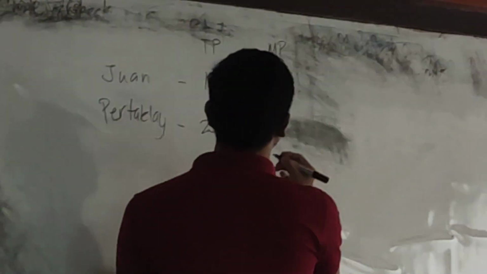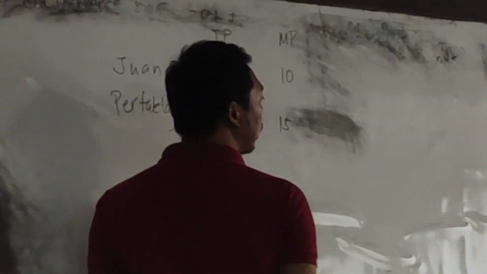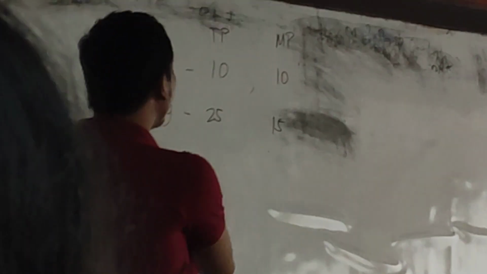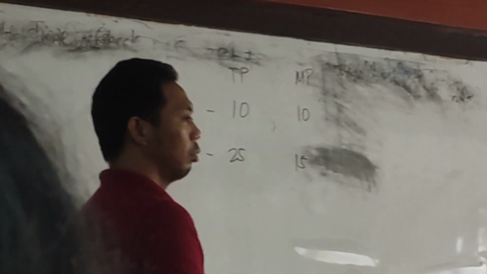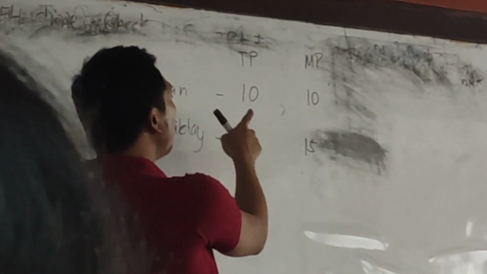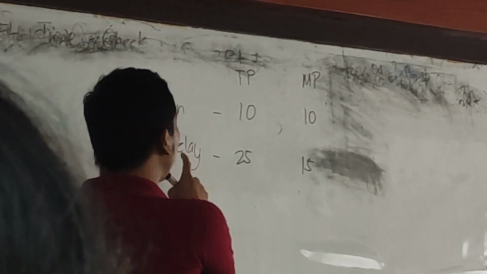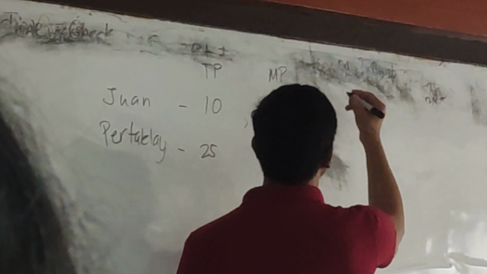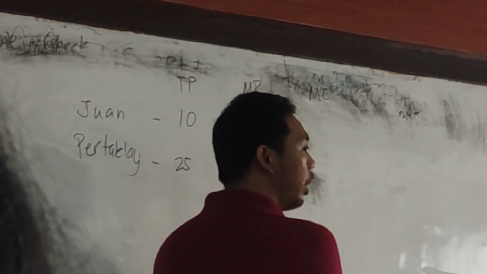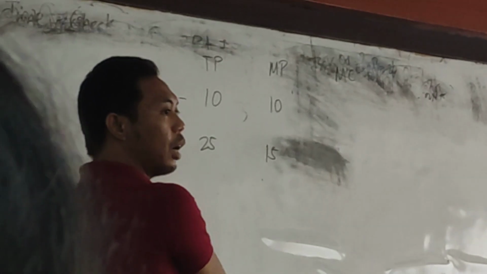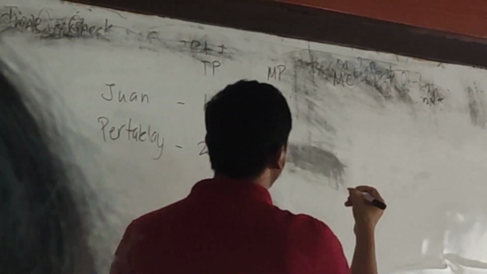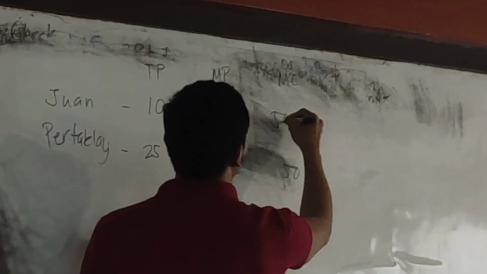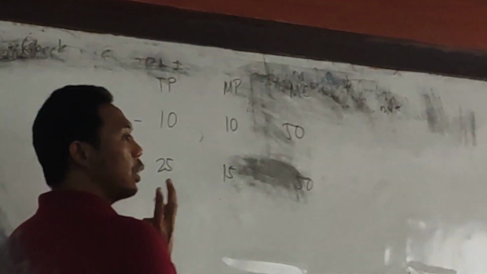So the second worker produces 15 additional product. Juan was able to come up with 10, right? And the second worker was able to come up with 15. Now, we have additional cost for the second worker since you added him. So, assuming the cost is 50.